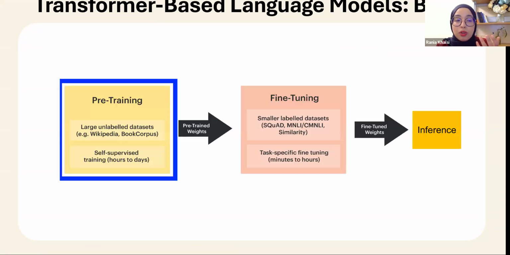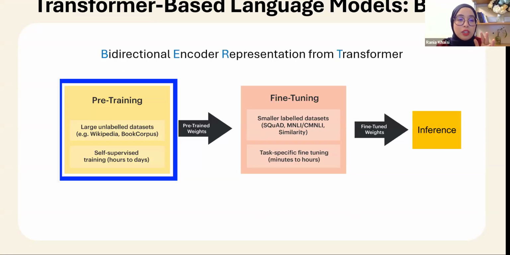Okay, so these are the two different models, and both of them are pre-trained. BERT stands for Bidirectional Encoder Representations from Transformers. You often hear about GPT models and BERT models, and both are simply subclasses of transformers.